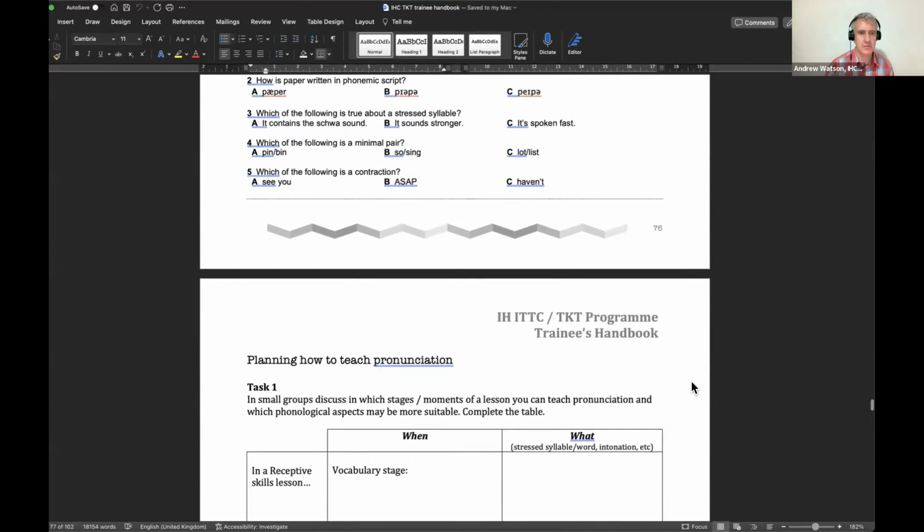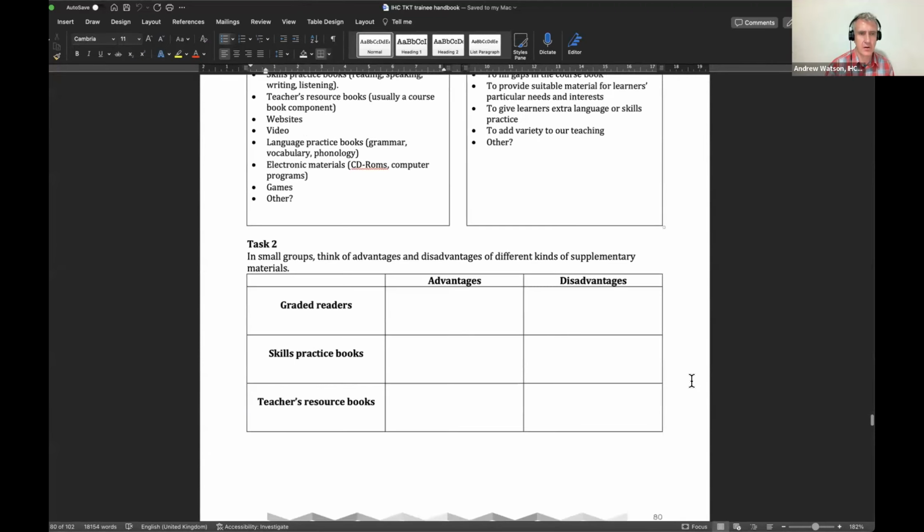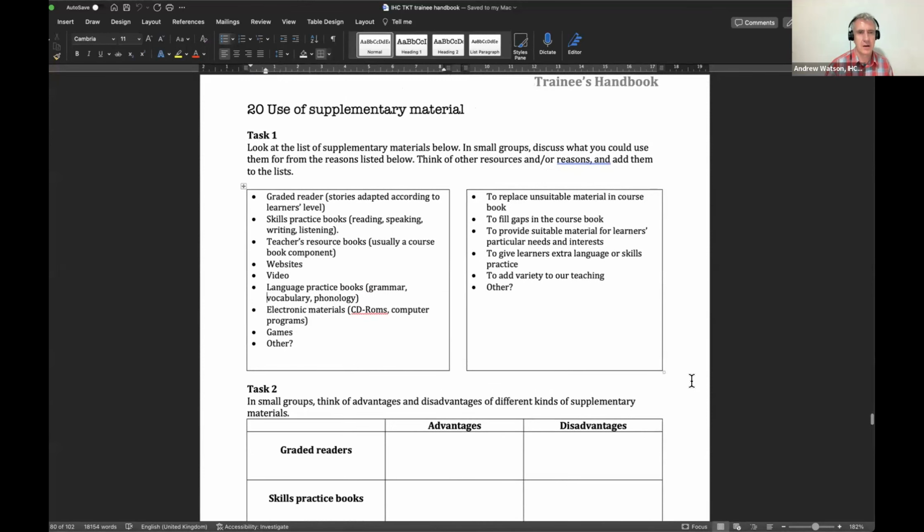Classroom aids and so on. So how could we supplement coursebook material? Could you please open your TKT IHC handbook at Unit 20?